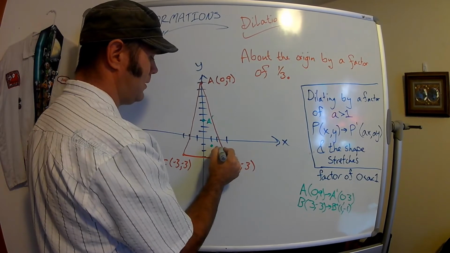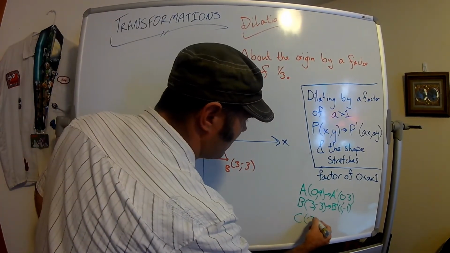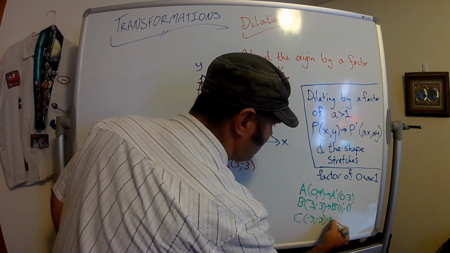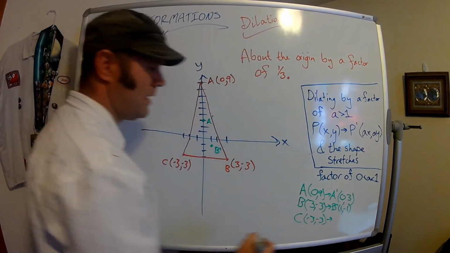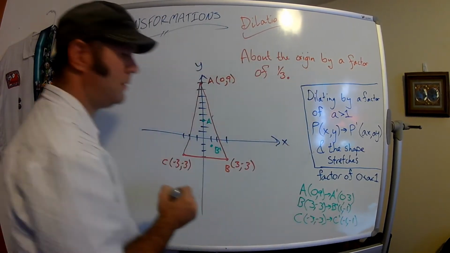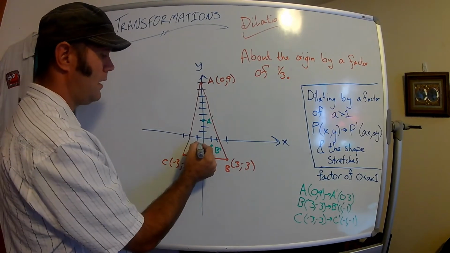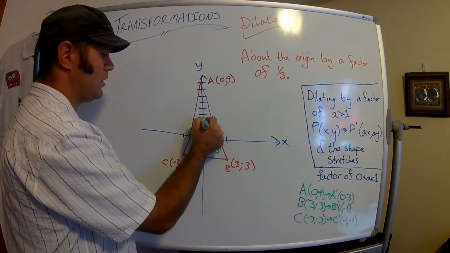And there's B prime. C prime, negative 3, negative 3, multiplied by 1/3, or divide by 3, we're going to get C prime is negative 1, negative 1. And there's our end solution.